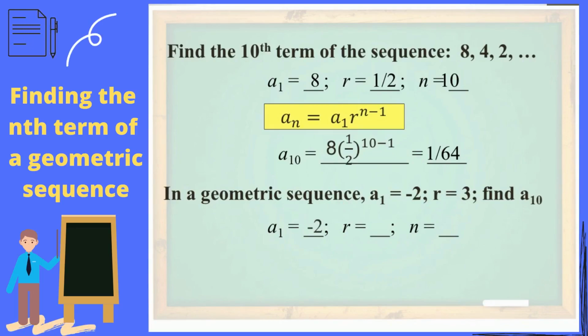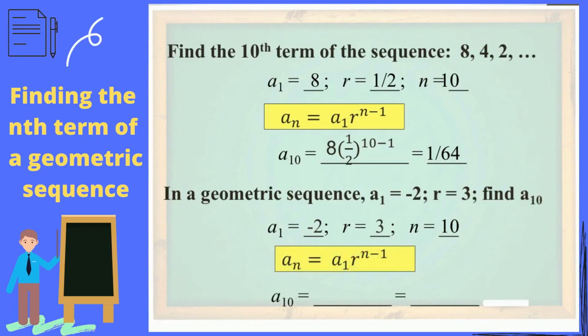So for a sub 1, that is negative 2, and for r, which is the common ratio, that is positive 3, and n, which is the number of terms, is equal to 10. And we identify the number of terms by identifying the subscript of a sub 10. So what is the subscript of a sub 10? That is the number of terms, which is 10.